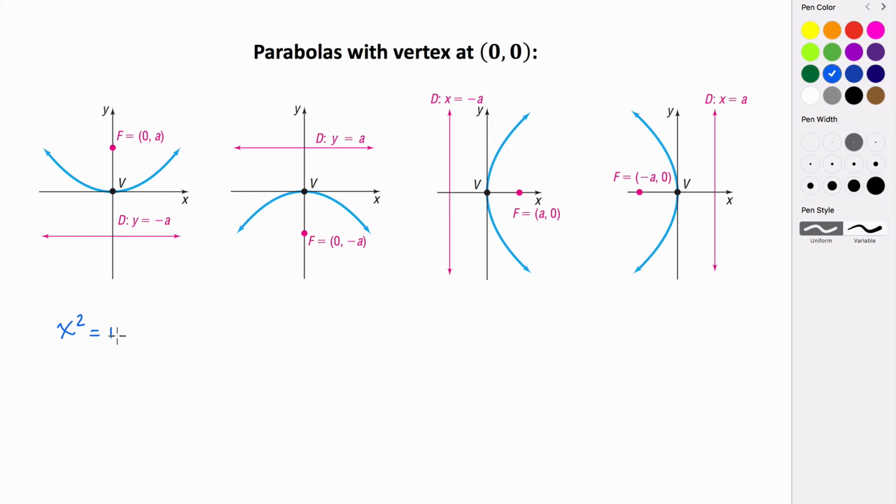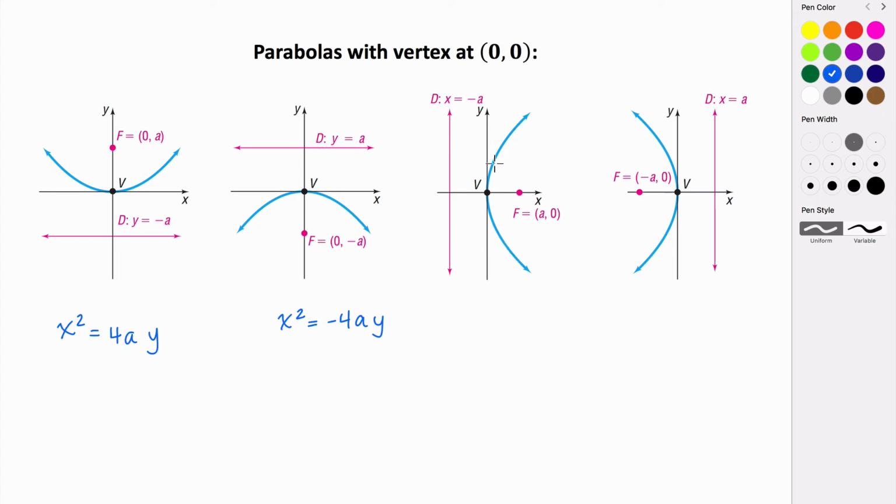Instead, we have it equal to 4a times y, and this 4a is going to be helpful in letting us find the value of the focus. If this value is positive, that tells us our graph opens up. When our graph opens down, all that changes is that this 4a value is negative. So it's still an x squared variety, but now it is negative 4a times y.